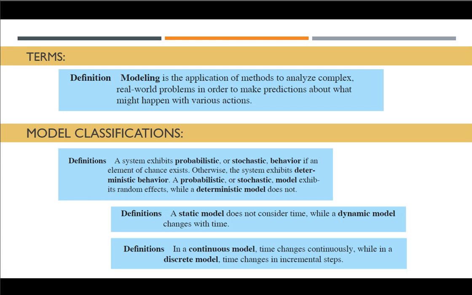So the behavior of a system can be deterministic. Okay, a probabilistic or stochastic model exhibits random effects, while a deterministic model does not exhibit randomness, because it is certain. So the results of a deterministic model depend on the initial conditions.